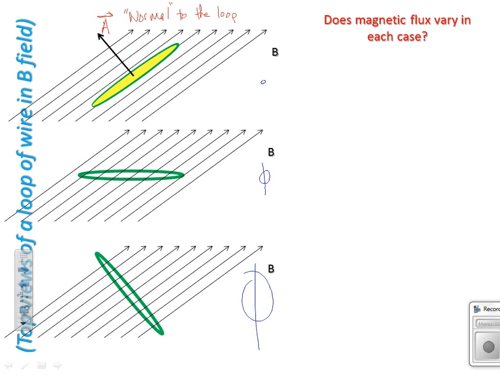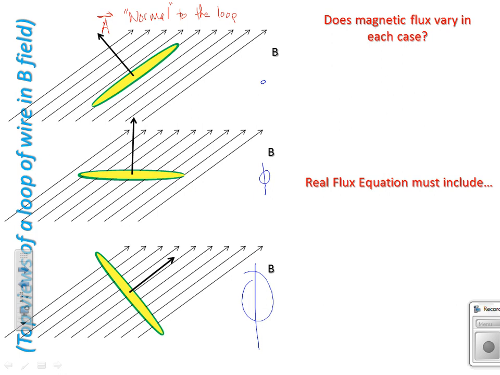So that vector there, A, we sort of pretend like you have a sheet over the loop and then you poke a pin through that, and that vector A is always perpendicular to the surface of that loop. In that case, there's no flux. In this case, there's our area vector, we get some. In this case, here's our area vector, we get a ton. The most possible flux.